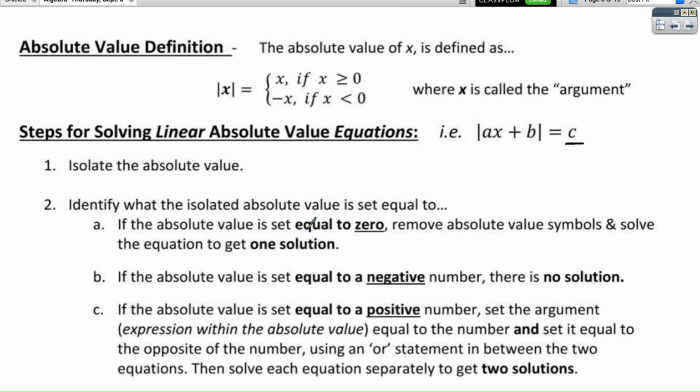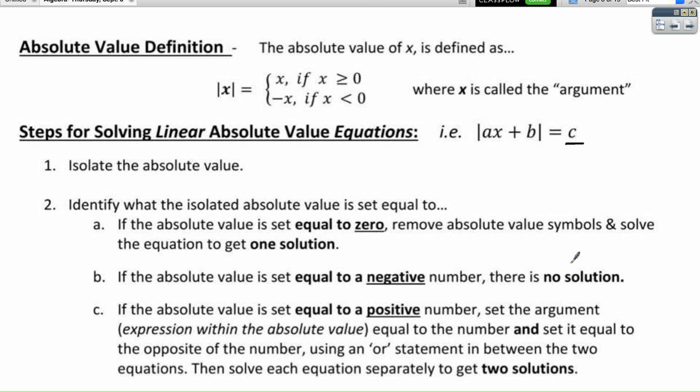So if it comes out to be set equal to 0, we remove the absolute value symbols and solve to get exactly one solution. If the absolute value is set to a negative number, that's impossible. I could never work out something inside of an absolute value and get a negative number, therefore there's no solutions.